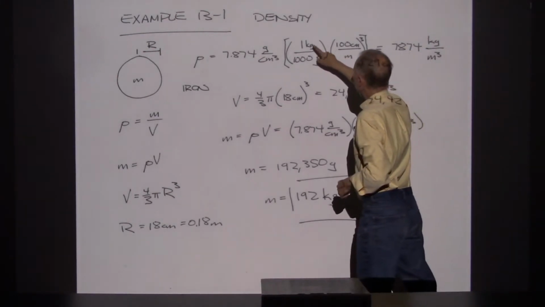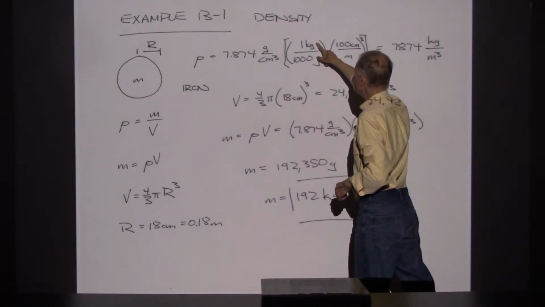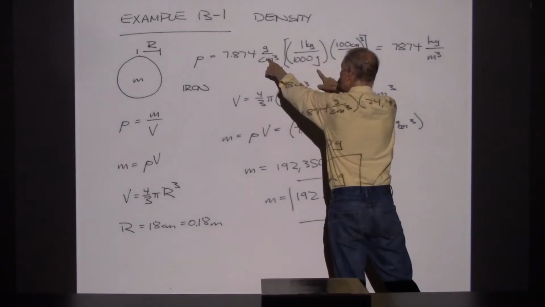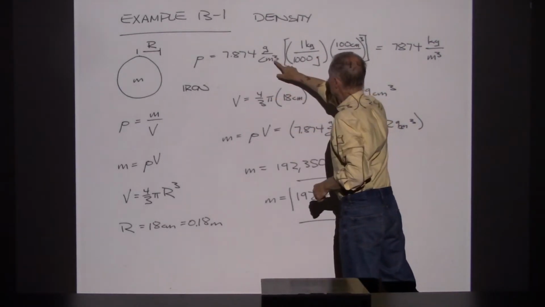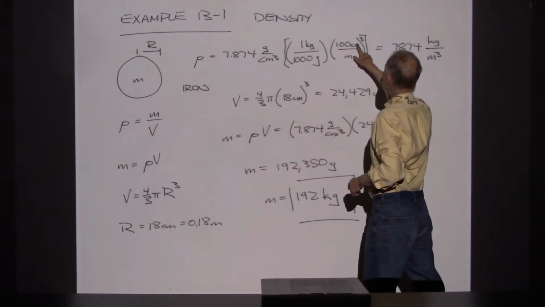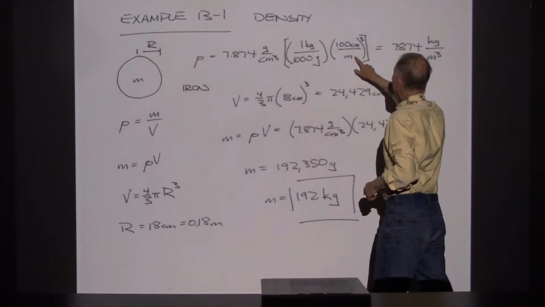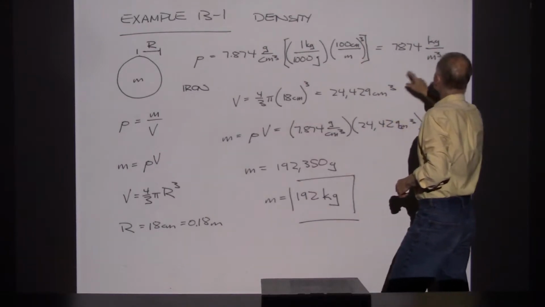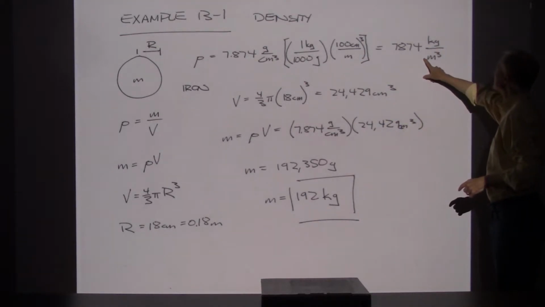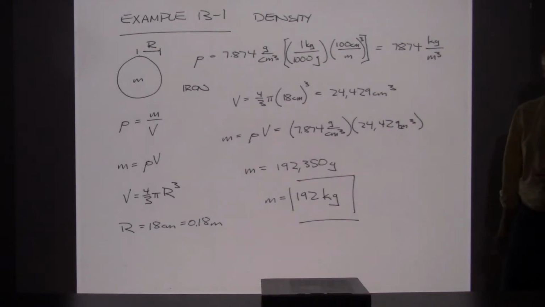So first of all, 1,000 grams is 1 kilogram. That cancels the grams. Now for the centimeters, 100 centimeters is a meter, and that gets cubed. So this becomes 7,874 kilograms per cubic meter. So you can see how that works. It's a factor of 1,000 when we convert grams per cubic centimeter into kilograms per cubic meter.